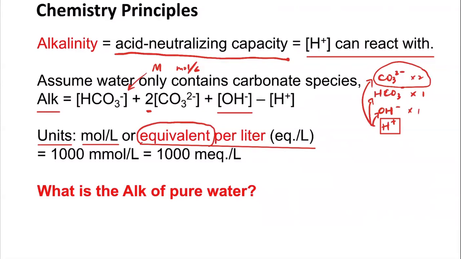For simplicity, we also call it EQ per liter. Whenever you see the EQ, it just means mole per liter. All right, so the mole per liter is equal to equivalent per liter.